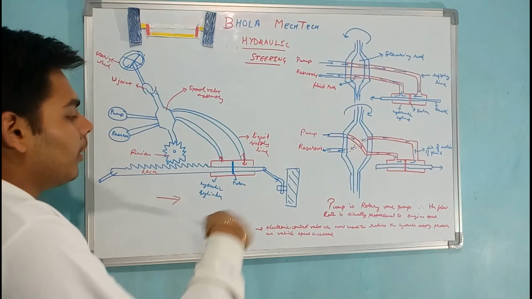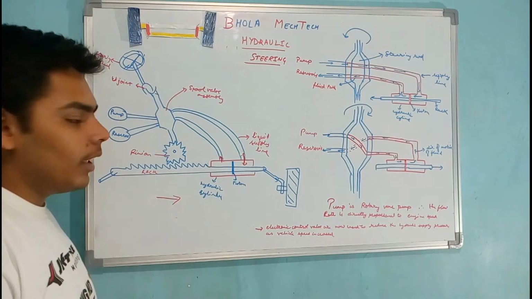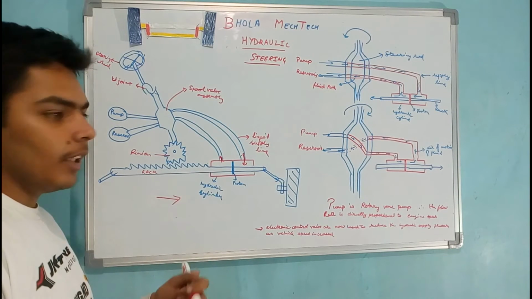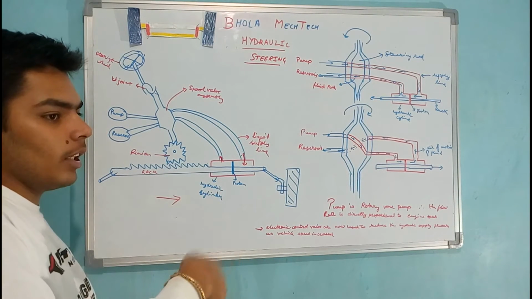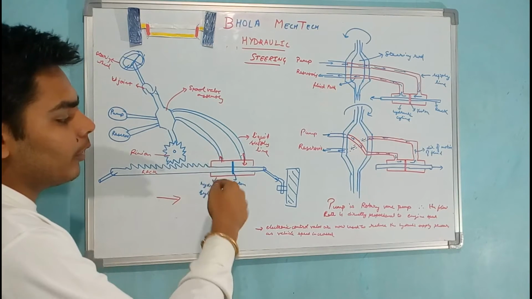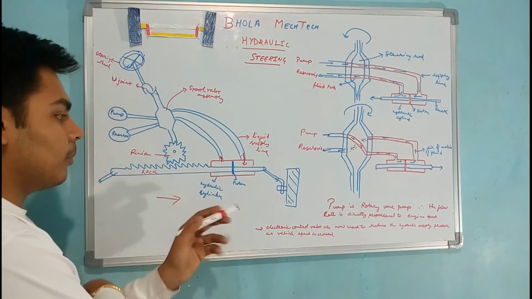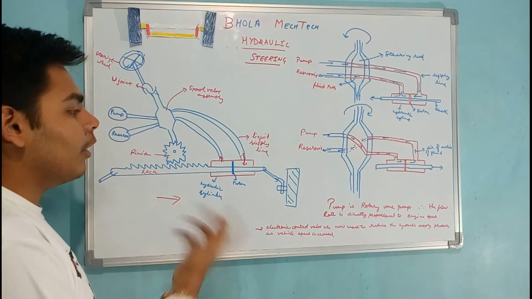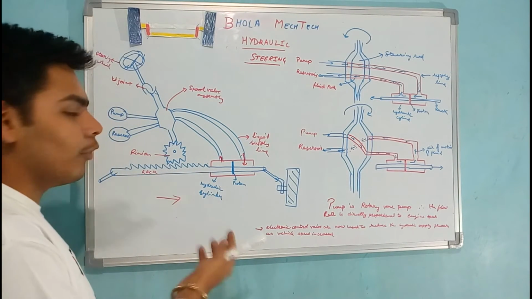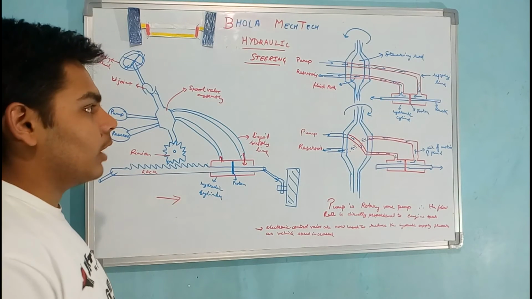Now the main point over here is that the direction of the fluid must change while turning. If you steer in one direction, the fluid will enter in the corresponding direction, and if you turn the steering in the opposite direction, then the fluid must enter in the opposite direction.